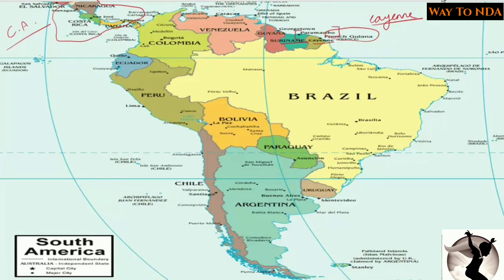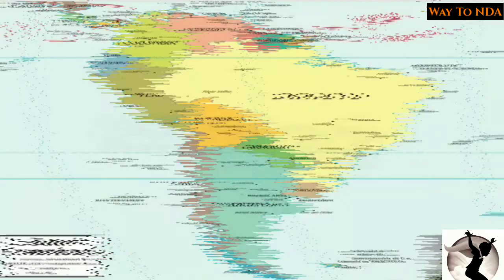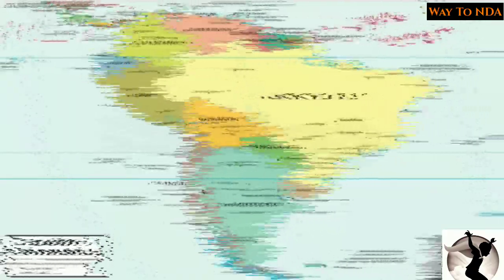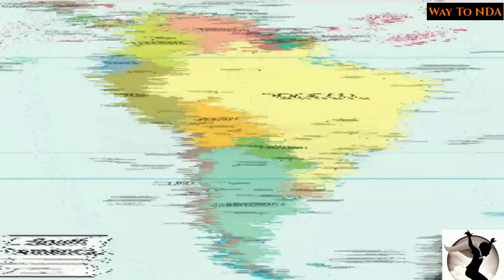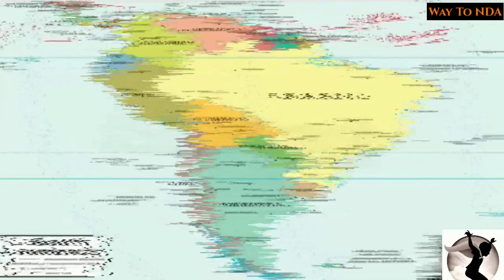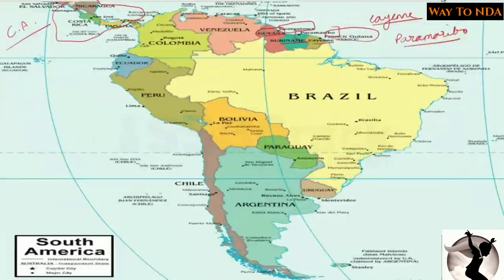The capital of Suriname is Paramaribo. And then Guyana. The capital of Guyana is Georgetown. And then here we have Venezuela. The capital of Venezuela is Caracas.